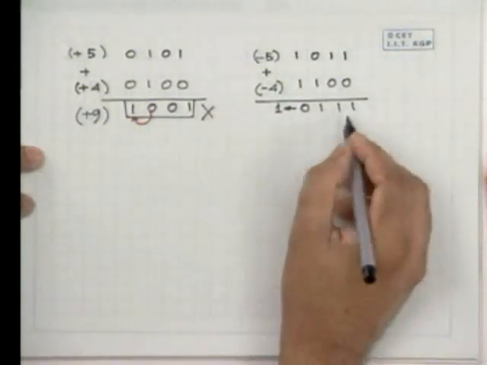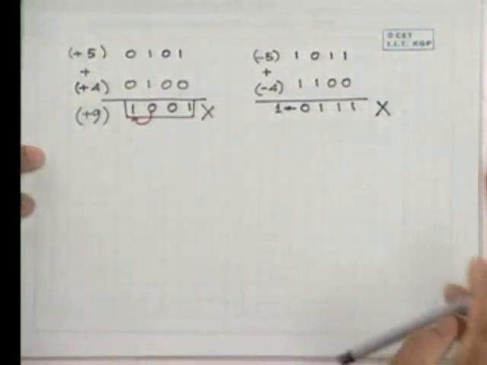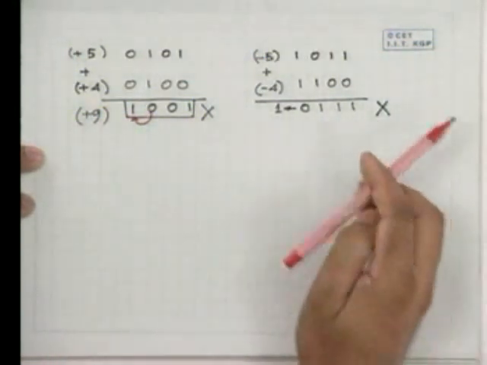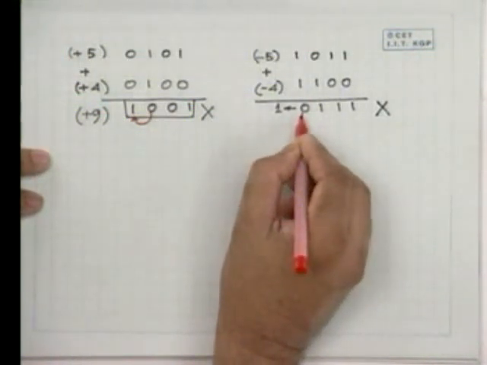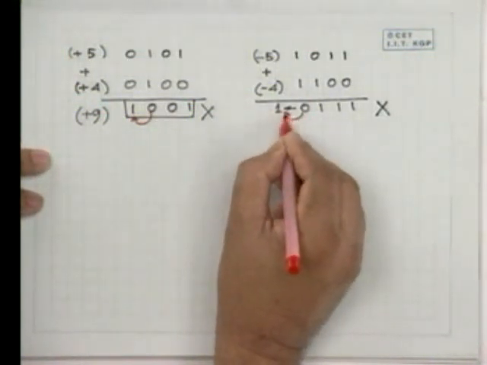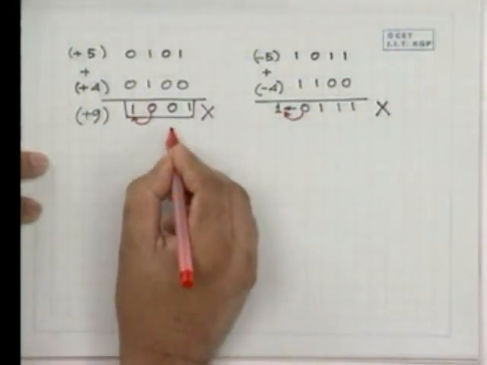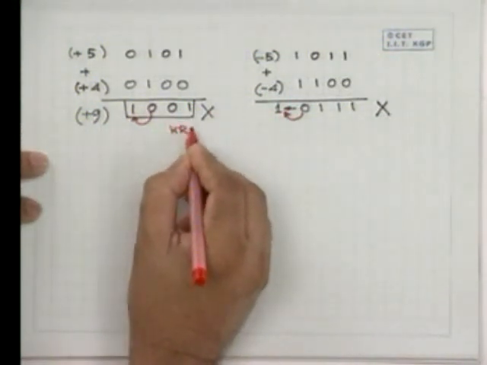Okay. Once more, you see the result is wrong, and if we observe here we find that the carry has emerged out of the most significant bit. Therefore, this is wrong.